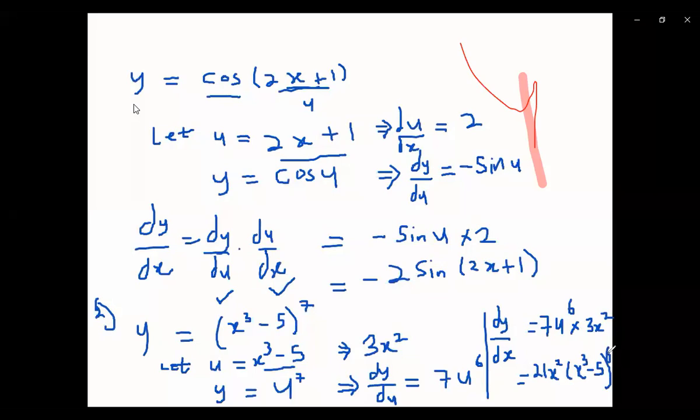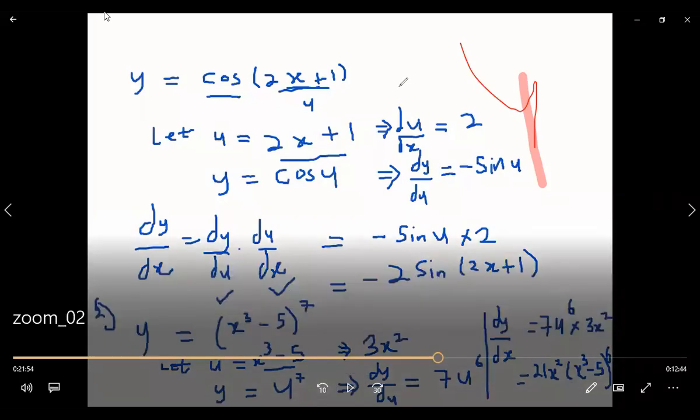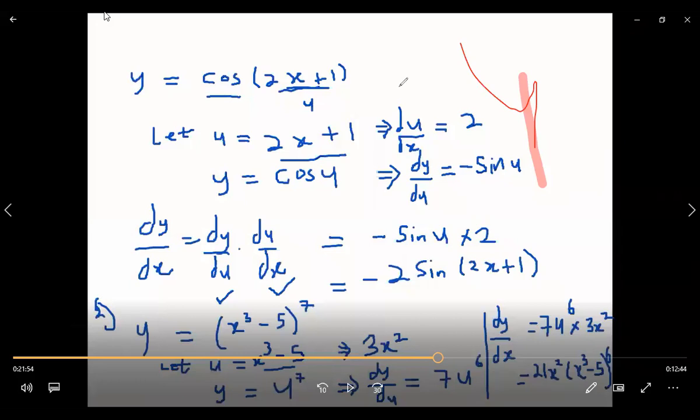Okay, so look at it, and then let me take 2 or 3 questions, and let's move on. This kind of example, we've seen them in class already, but we did chain rule the other time.